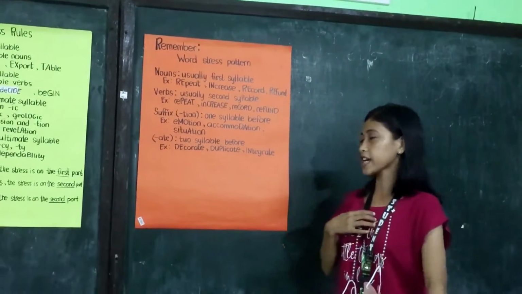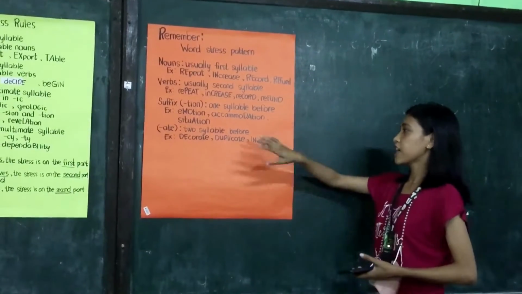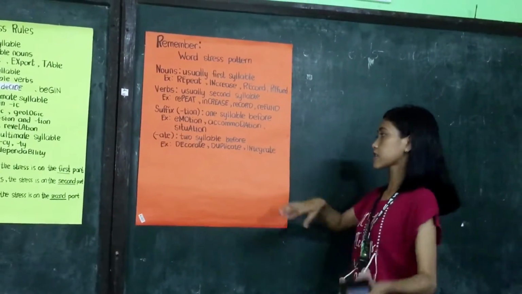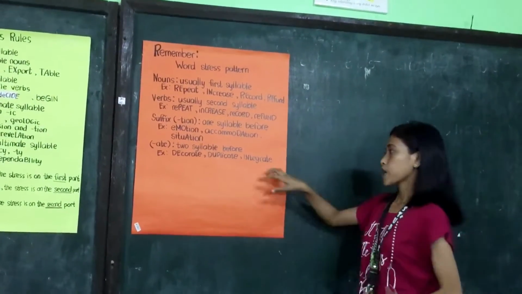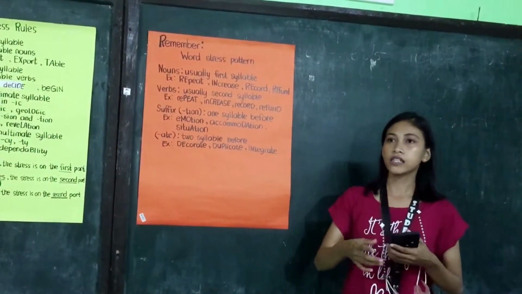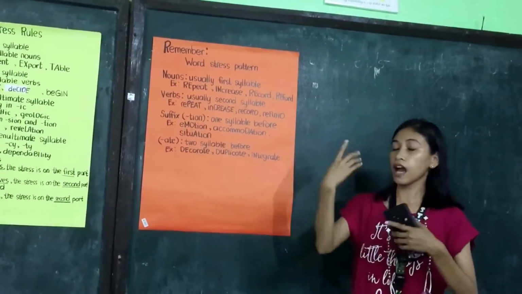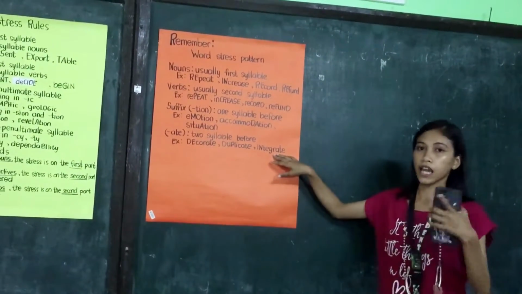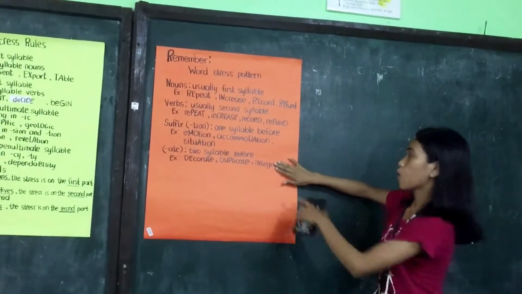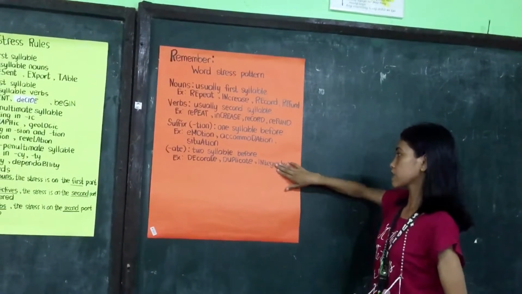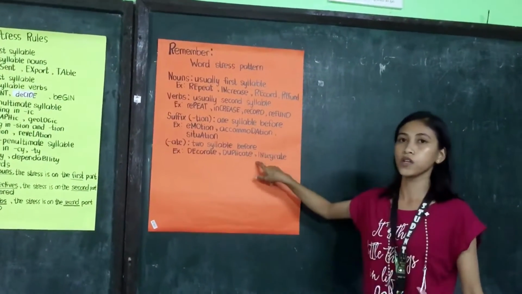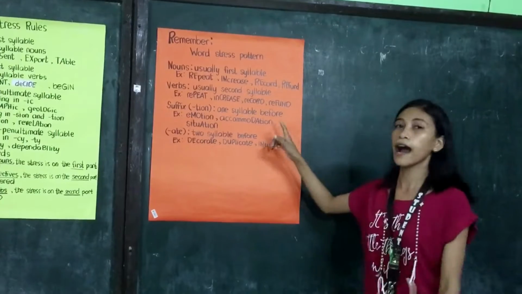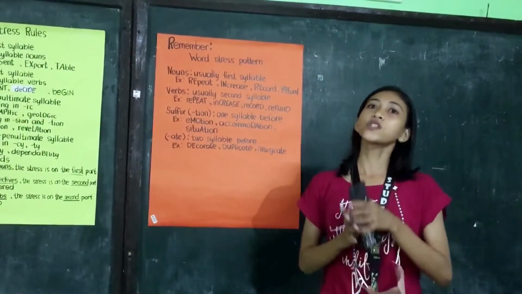Again, the suffix is -ate, and you put the stress 2 syllables before the suffix -ate. So -ate is 1, and 2 is the IN. So we are going to put the stress here in the IN. That would be all.